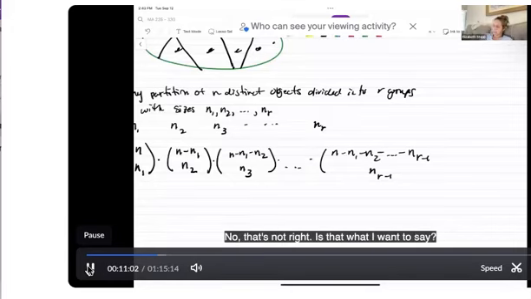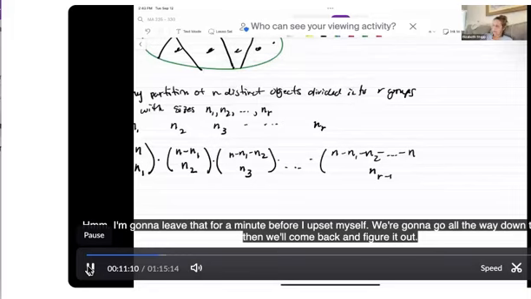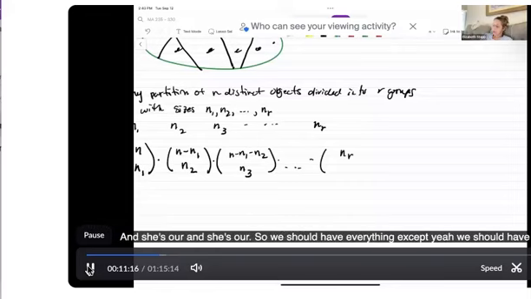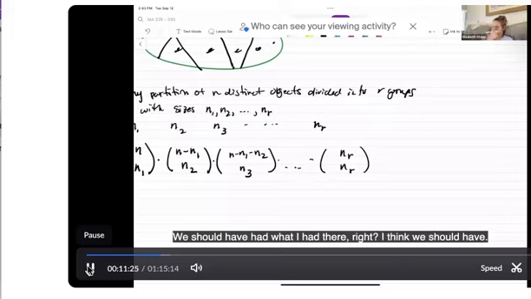No, that's not right. I'm going to leave that for a minute before I upset myself. We're going to go all the way down to the end, then we'll come back and figure it out. N choose r. We should have had what I had there, I think.